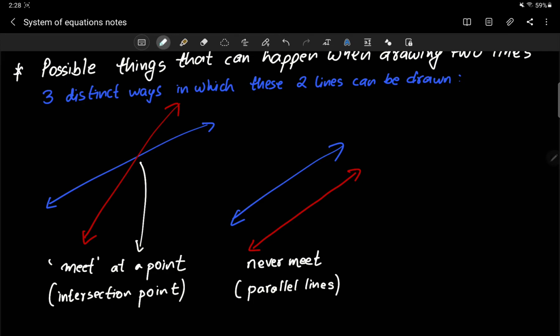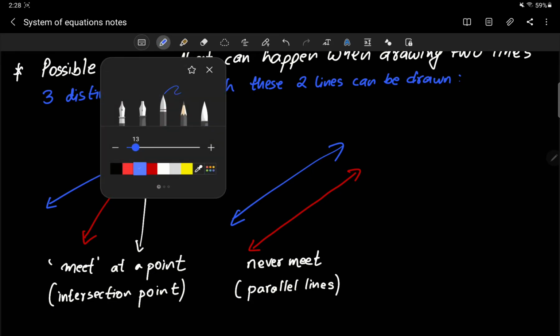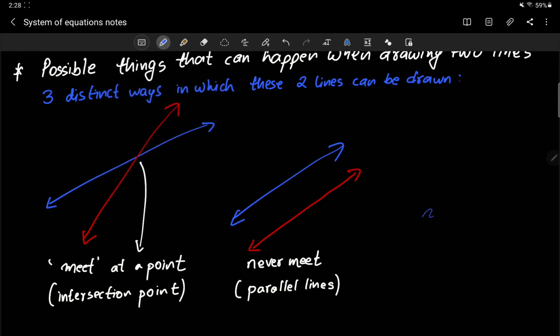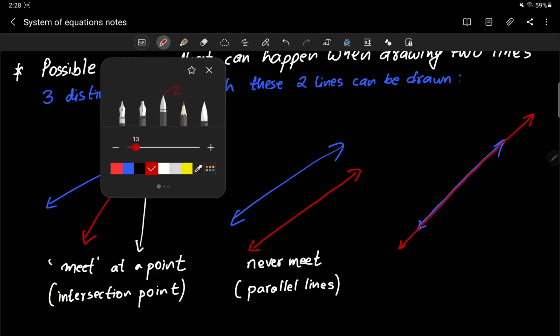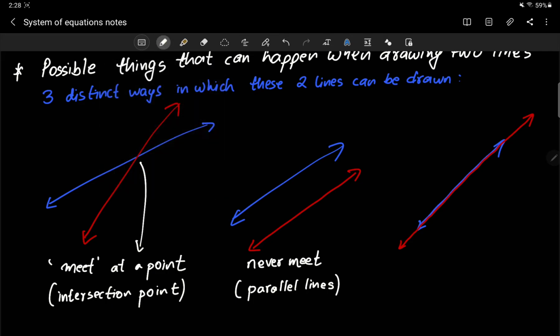And the third case, which is slightly less obvious that it should be treated differently, is the case where you draw this blue line and then you draw the red line right on top of it. Essentially they are the same lines.